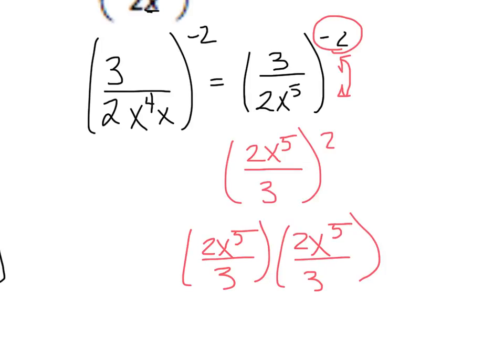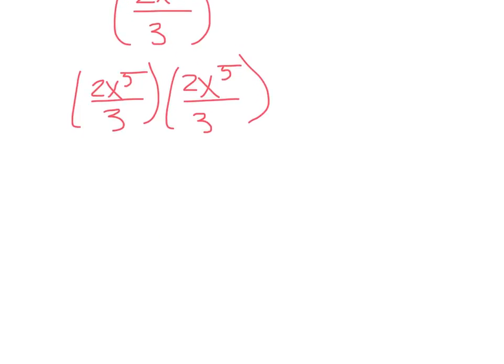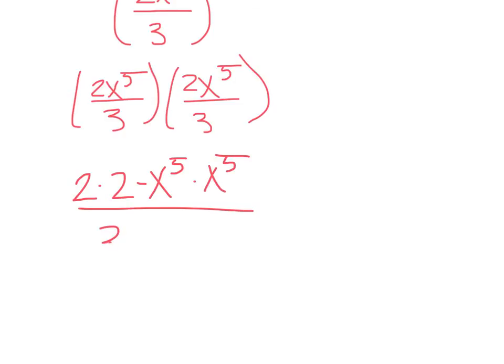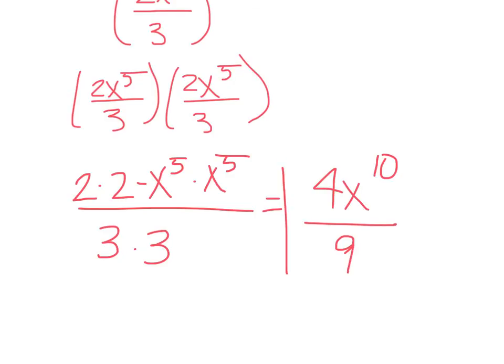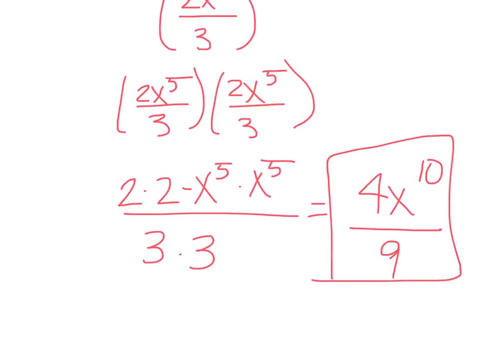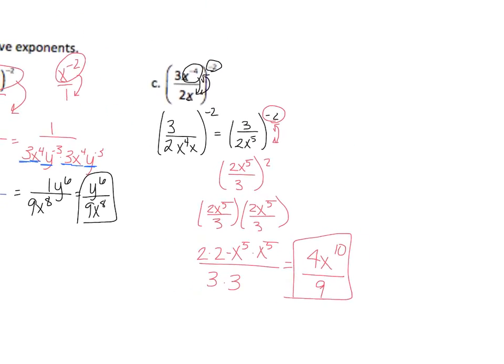And I'm going to multiply what's similar. So 2 times 2, x to the 5th times x to the 5th, 3 times 3. So I have 4x to the 10th over 9. Okay, so again, anytime you have a fraction, simplify within, then apply the exponent on the top.